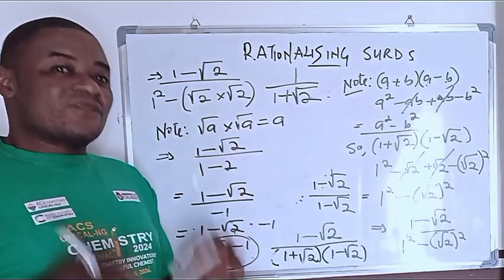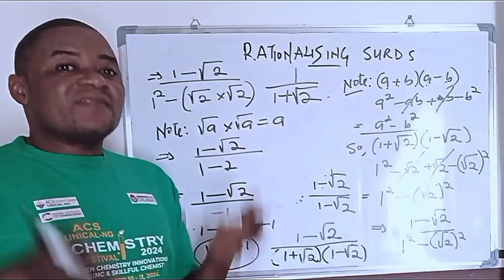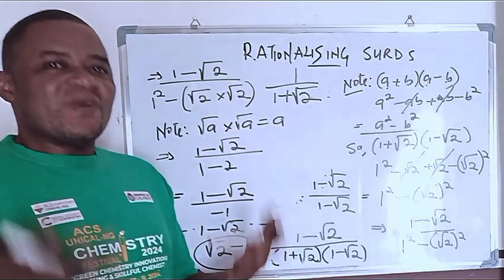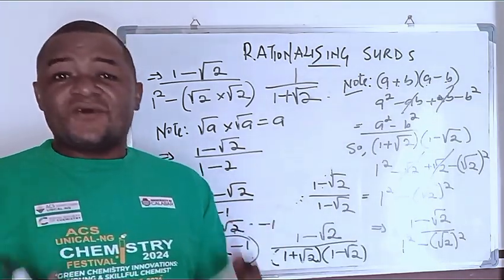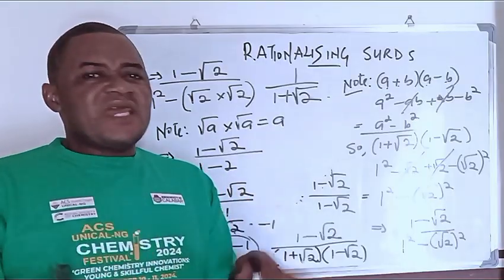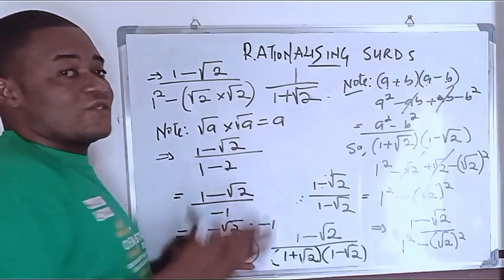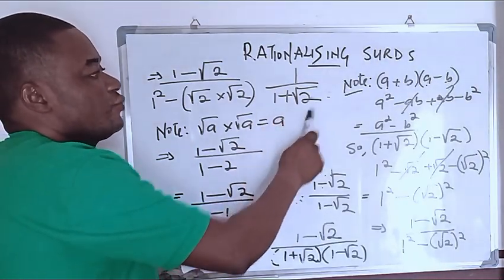What matters in solving mathematics or mathematical problems is understanding the rules and laws that govern every type of mathematics. When we were dealing with logarithm, we had rules and laws that govern them. And if you understand the rules and laws that govern them, you can solve any problem in them. Today we have discussed rationalizing surds, and we tried to rationalize 1 all over 1 plus sod 2.